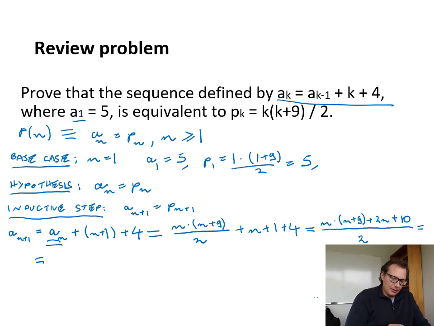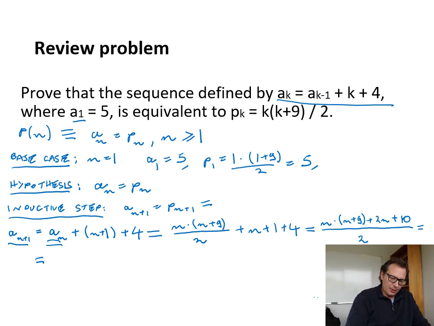So what I want to show is that a of n plus 1 is equal to p of n plus 1. And p of n plus 1 is equal to, this will help to guide what we're computing now so that we can see into which form we have to put it.